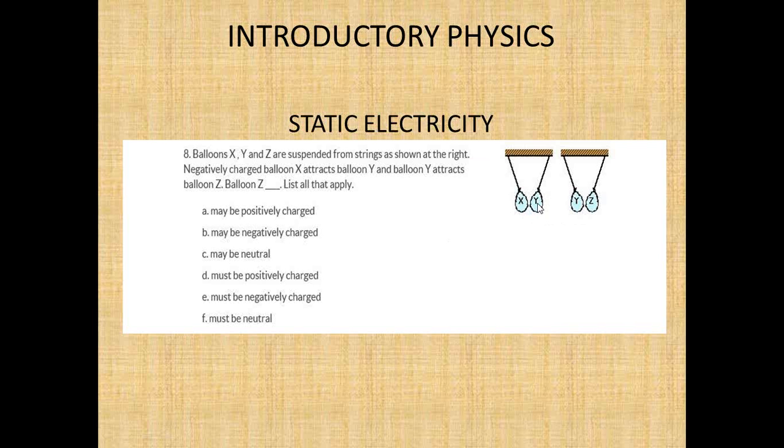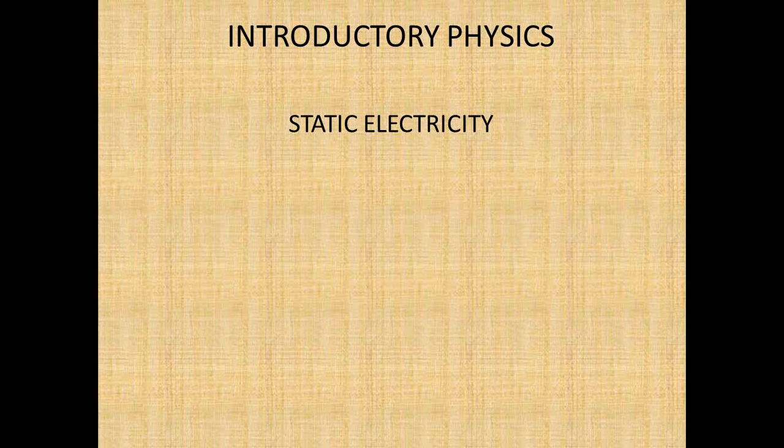Y is attracted to Z. If Y is positive, then Z could be negative or neutral. But if Y is neutral, then Z could also be negative. So you just have to sit down and work out the scenario and see.